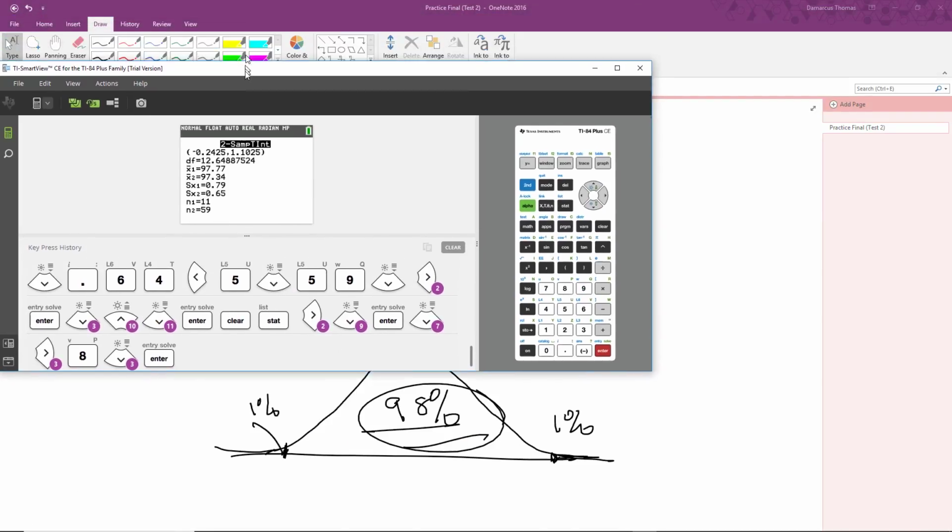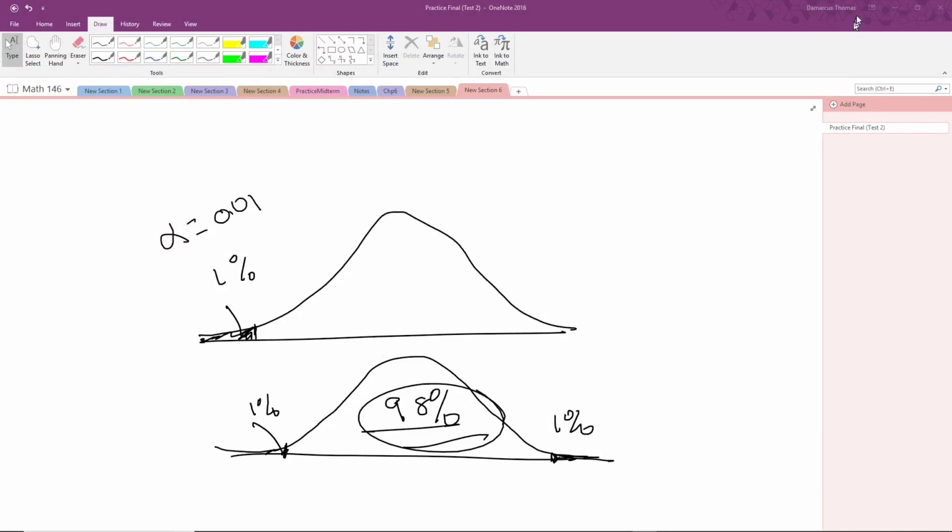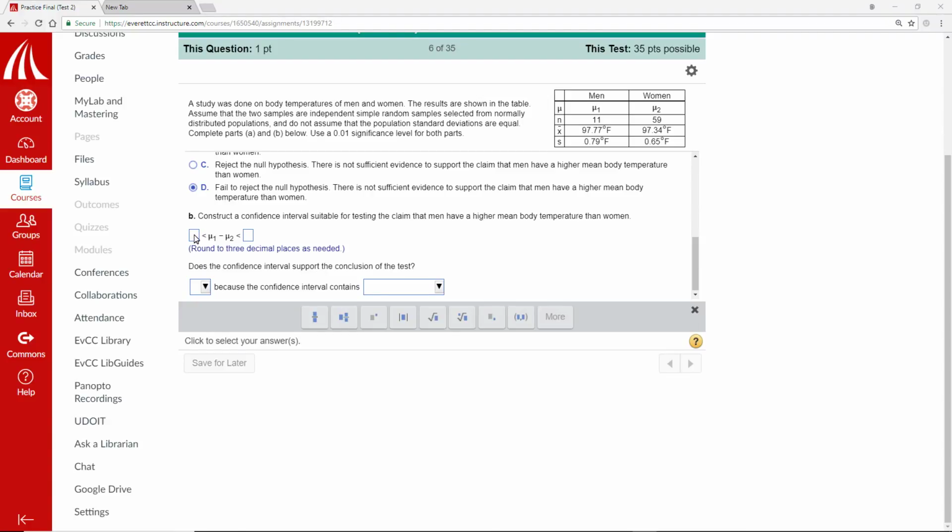So let's put these values in. Round to 3 decimal places. That's not going to be a problem. We'll do negative 0.243, and then also 1.103.